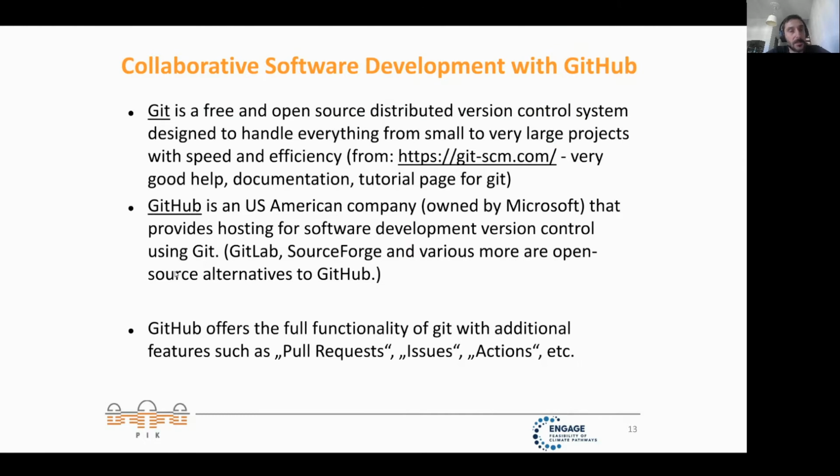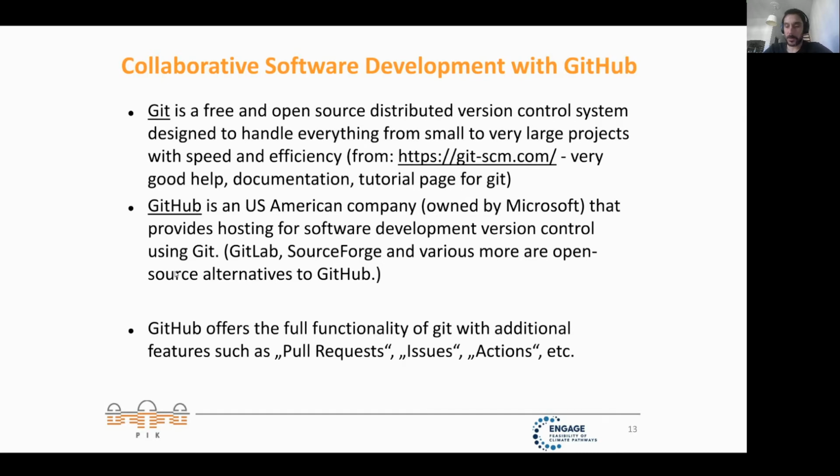It has additional features on top of Git that are super useful for collaborative software development, which we will see here, as, for example, pull requests, issues, actions. We will see what these things are and how they can help your everyday life.